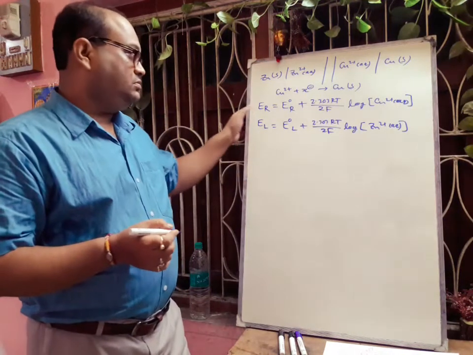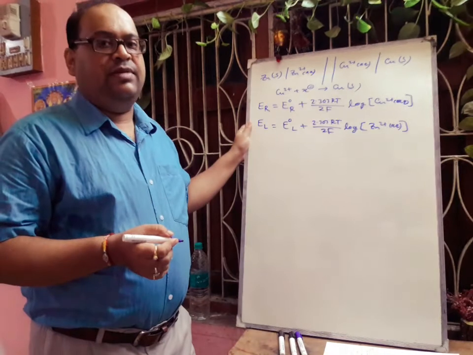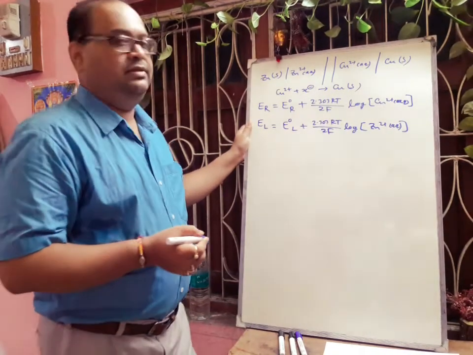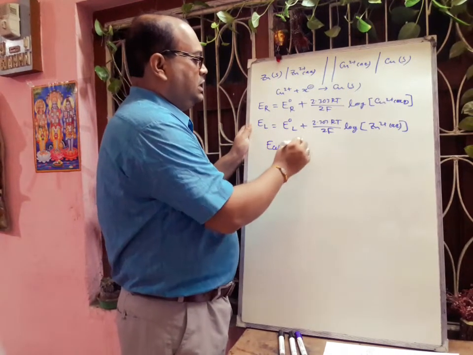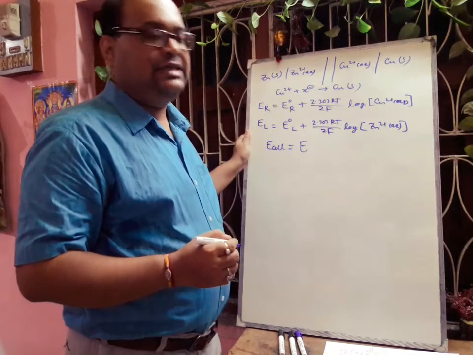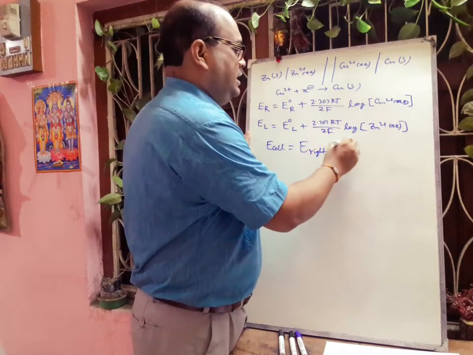Now these are the EMF of the two half cells. Now EMF of the cell or cell potential may be given, that is E cell is equal to E right minus E left.